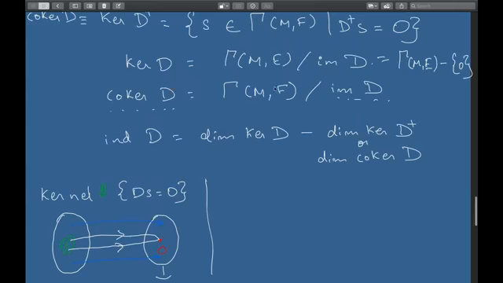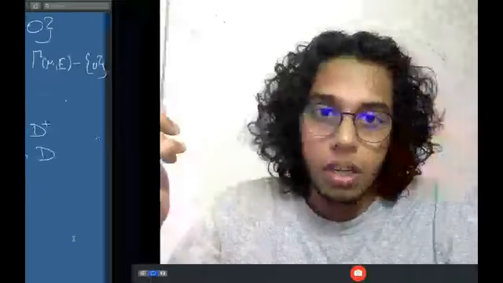So now, once you know what a kernel and a co-kernel are and how they are defined, the index of D is the dimension of the kernel of D. Understand that these are not simple one-dimensional or two-dimensional sets. These are n-dimensional spaces with n properties, right?